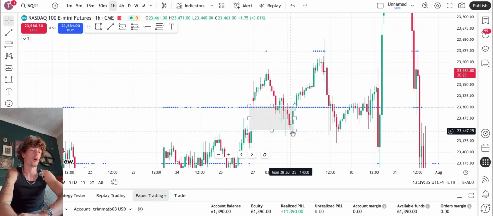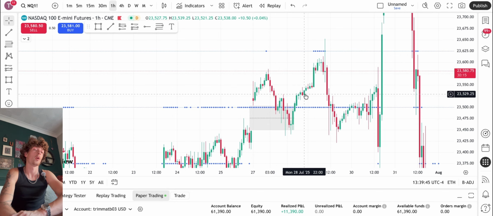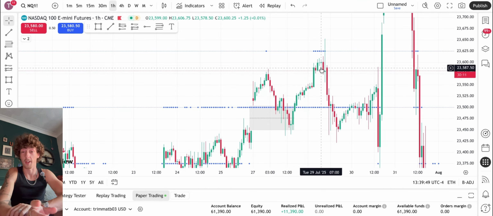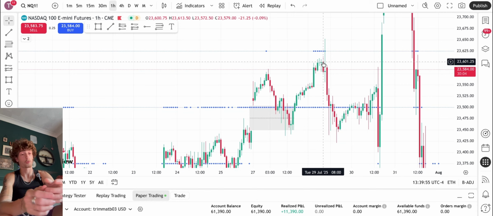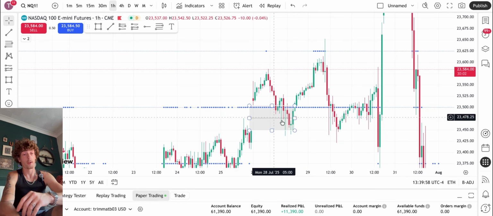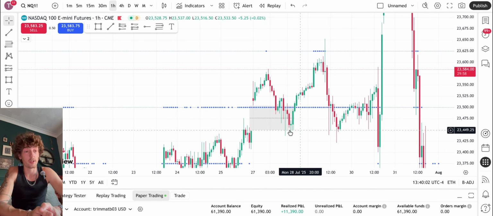So if you'd thought, oh, it's going to go up, and it's just grabbed liquidity on the Monday morning, which would have been here, then by the time you go to bed Monday, you're up money. And if you left it on Tuesday, now you're up a considerable amount just from a liquidity sweep and a fair value gap, and that was it really.